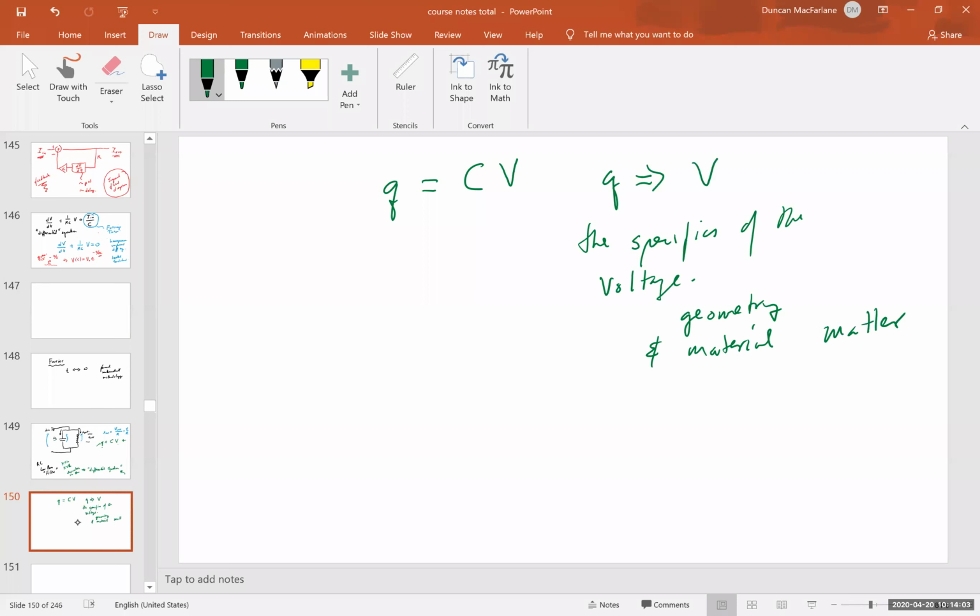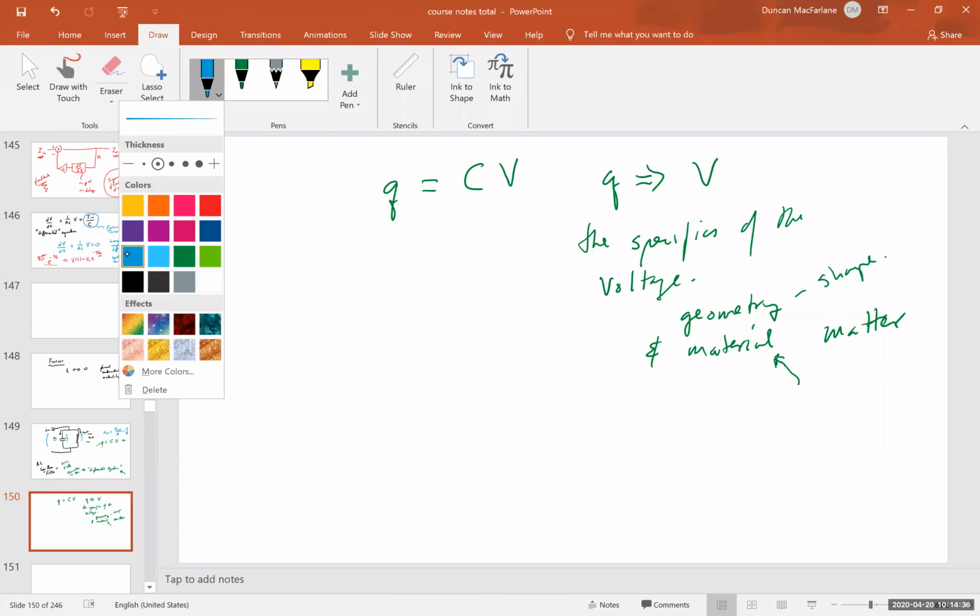So if I have charge that's arranged in a certain geometry and a certain shape, and if I have that charge in air versus in wax versus a polymer, those things matter. We're going to get a different voltage distribution depending on the shape of the charge and depending on the material that I have.